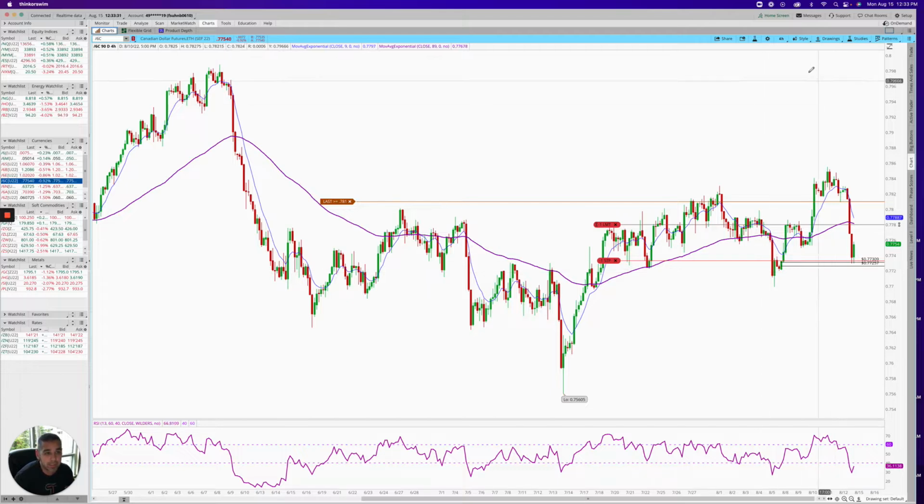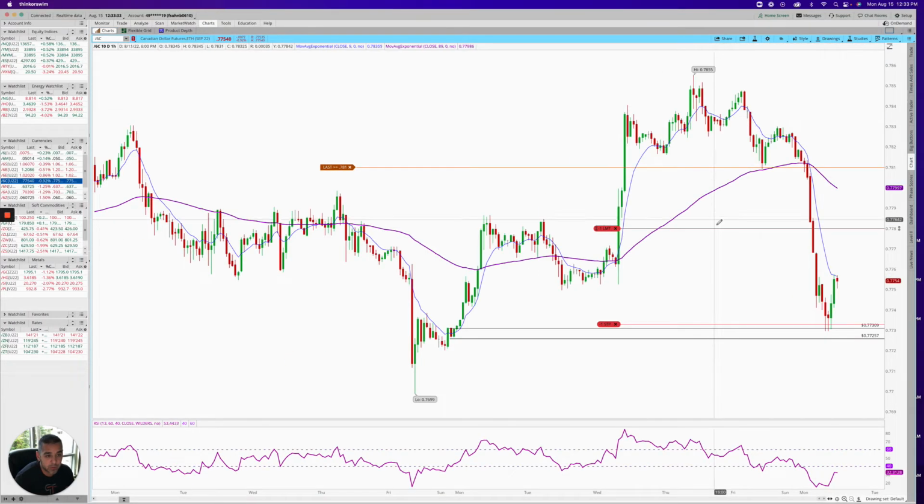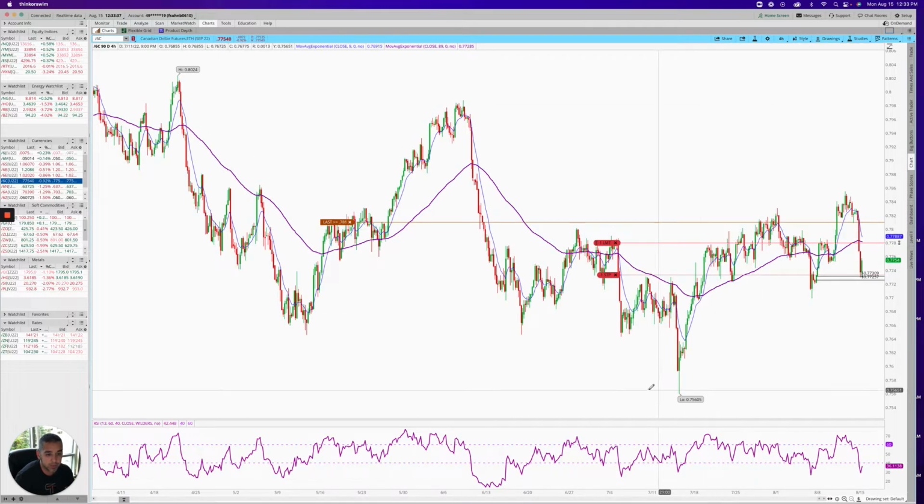So when I identified my levels, I came into a 1-hour chart from a 4-hour. Before I go a little too fast here, I can see that we're in a sideways trend, right? We had higher highs and higher lows, but recently we made a lower low and a higher high.